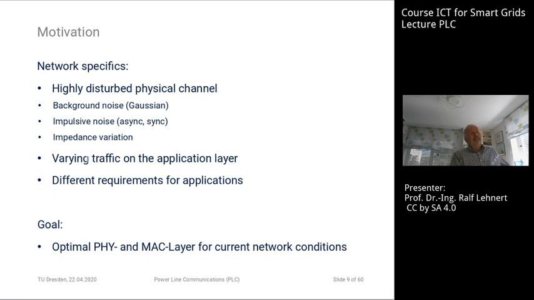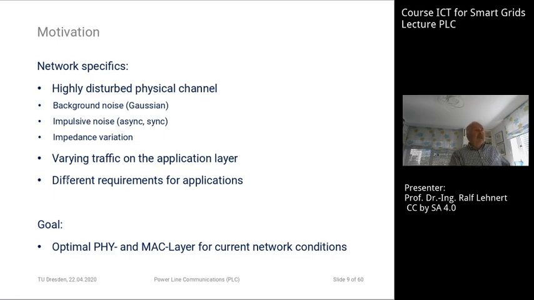So the commands, the firmware updates, eventually also streaming information for some of the customers, manuals, and some advice how to install something in your home so that the technician does not have to visit you, and so on. So the traffic is, as in every data network, typically varying very much, statistical variations, time of the day variations, and so on. And we have different requirements for applications.